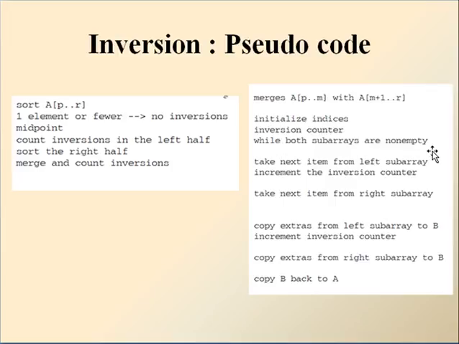While both subarrays are non-empty, take the next item from the left subarray and increment the inversion counter; take the next item from the right subarray. Copy extras from the left subarray to B, increment the inversion counter, copy extras from the right subarray to B, and copy B back to A.